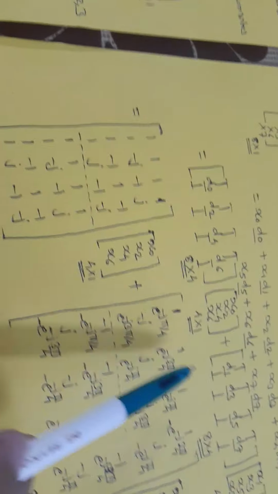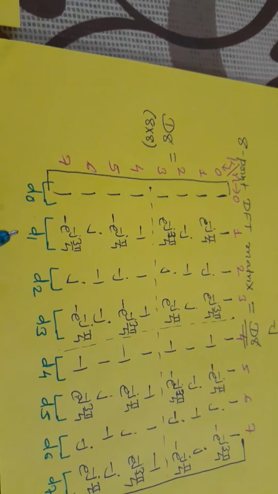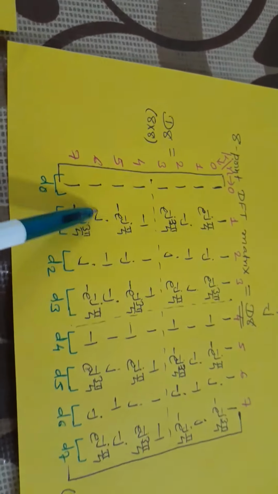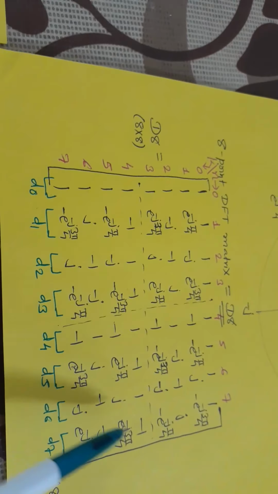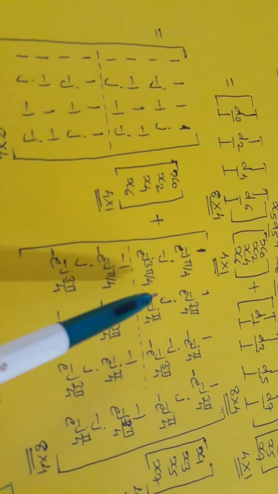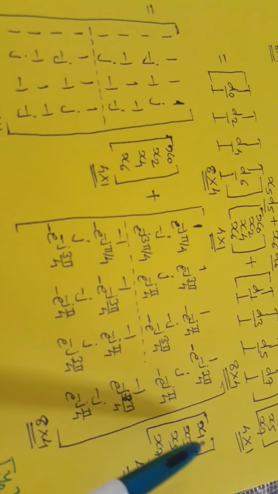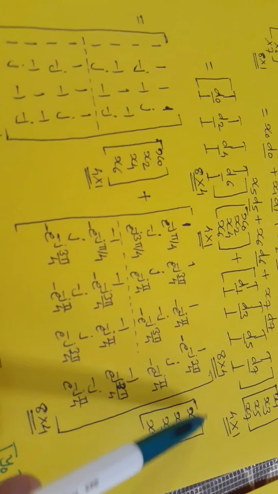We also copy the values of D1, D3, D5, D7, then we get this matrix, which is multiplied by x1, x3, x5, x7, the odd-numbered elements.